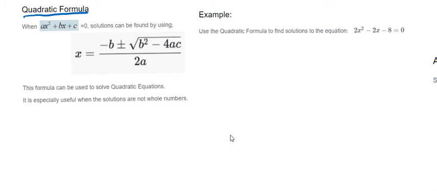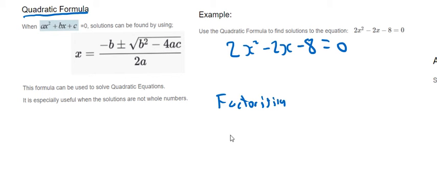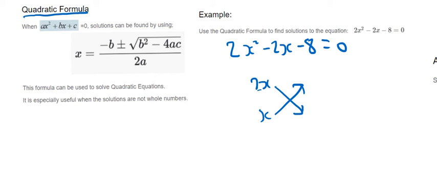So first of all, our example here is 2x squared minus 2x minus 8 equals 0. Now if you've done factorizing quadratic equations before, then you know that what you can do here is find two numbers that will multiply, well, they'd have to multiply to give minus 8 and sum to give minus 2.